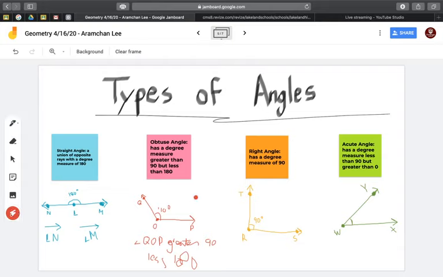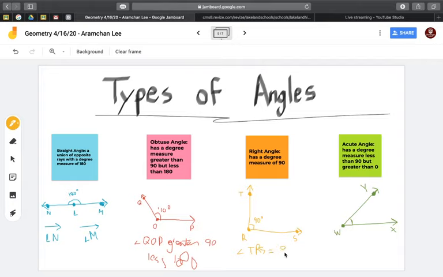Next, we have a right angle, which has a degree measure of 90 degrees. So angle TRS is equal to 90 degrees.